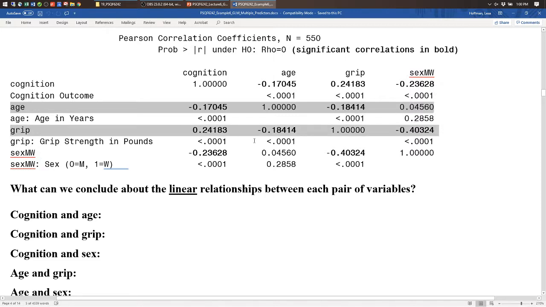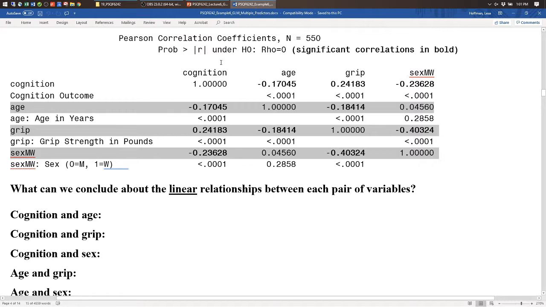Let's do this. Now this correlation table is what's known as a matrix. Matrices have rows and columns. This one in particular has a special name. It's a square matrix and it's symmetric. So you know what symmetric means, right? Like two sides match.